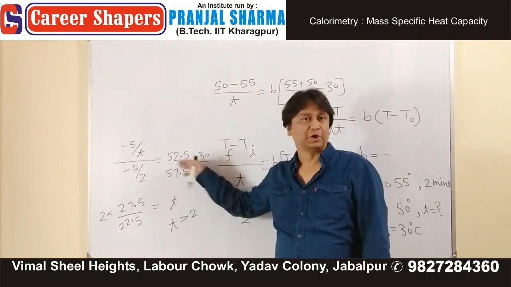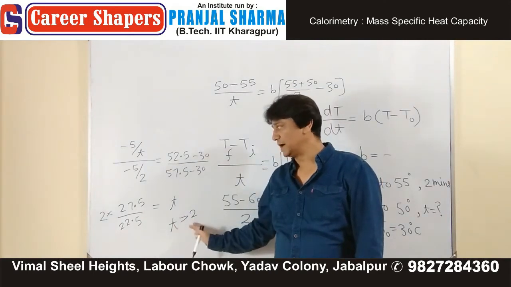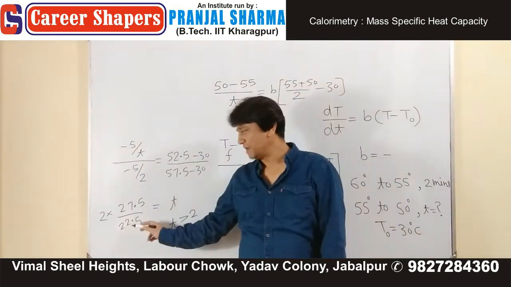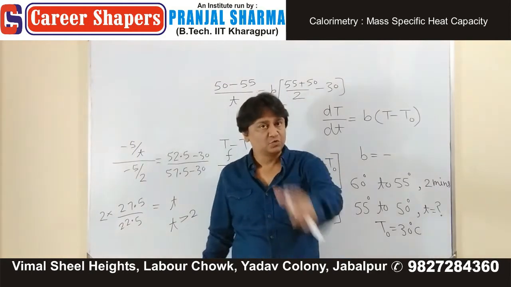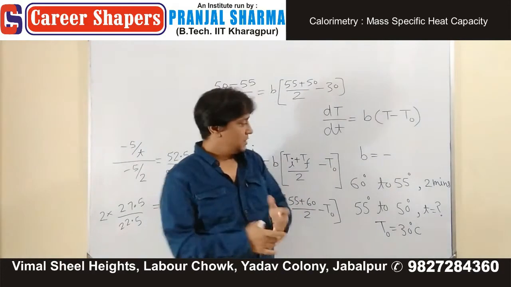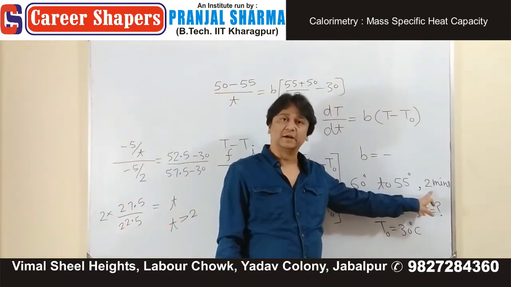Newton's law of cooling basically tells you that T is coming greater than 2. This is 27.5, this is 22.5. So T is definitely greater than 2, which means what? This 5-degree drop takes place in 2 minutes.